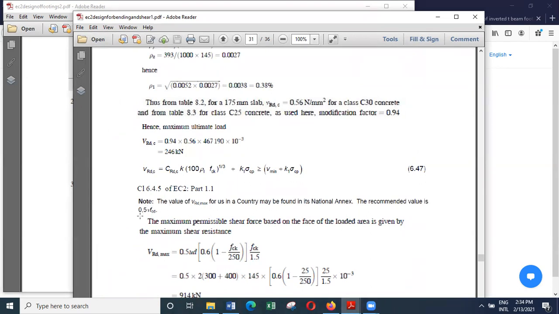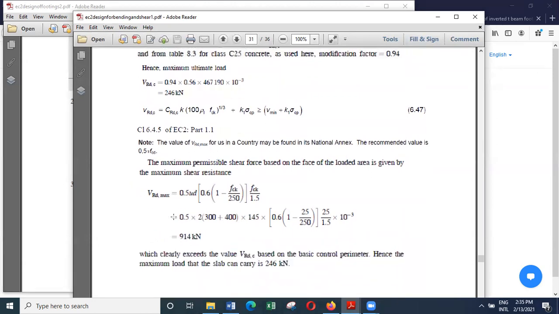It is given by this value, and the value of nu is this expression. FCD is FCK over 1.5. So you can find the maximum shear carrying capacity.